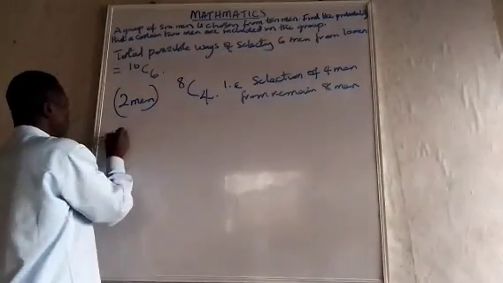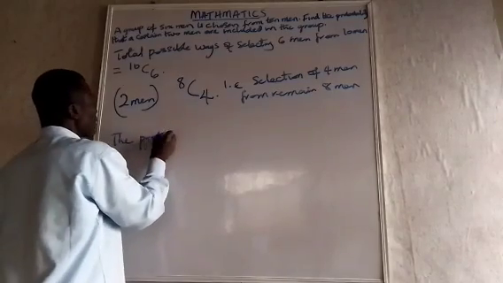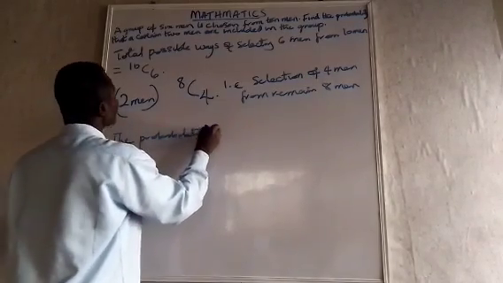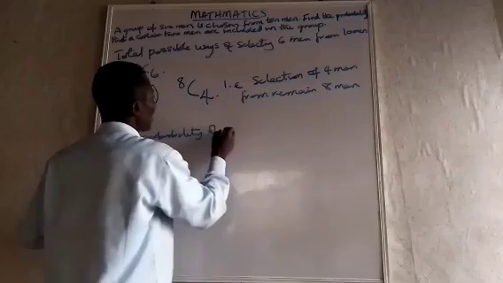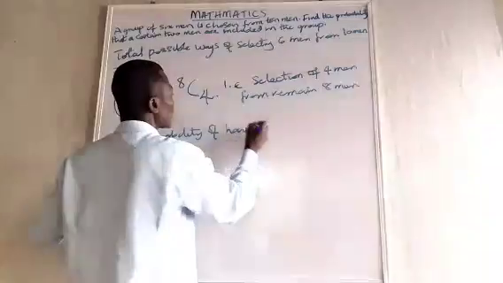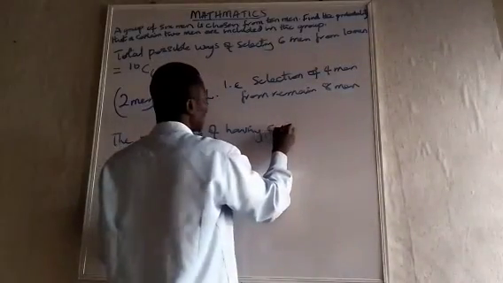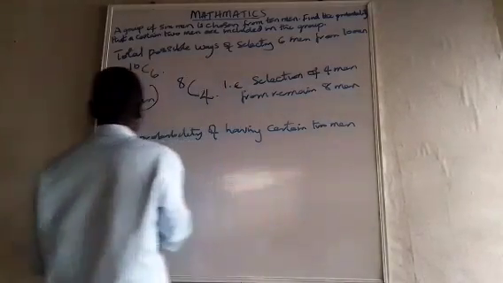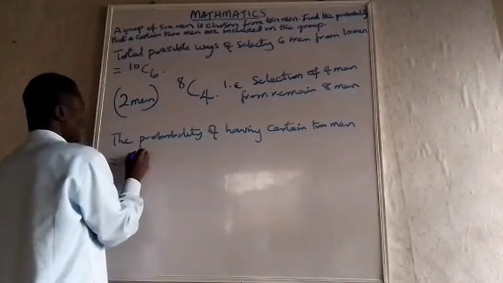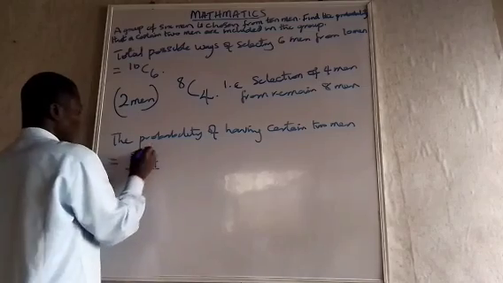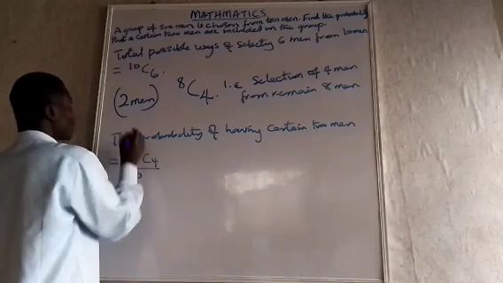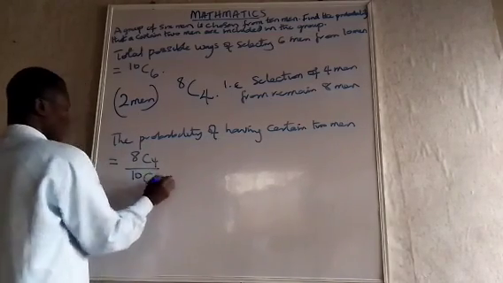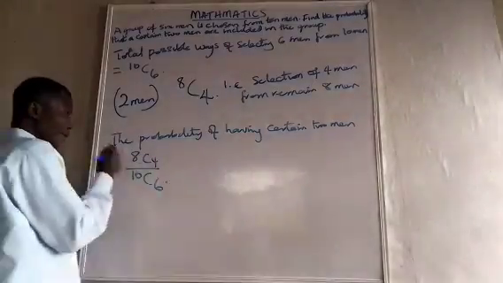So the probability now of having certain 2 men will be equal to 8C4, choosing 4, divided by 10C6, choosing 6. And let's see if I can simplify it.